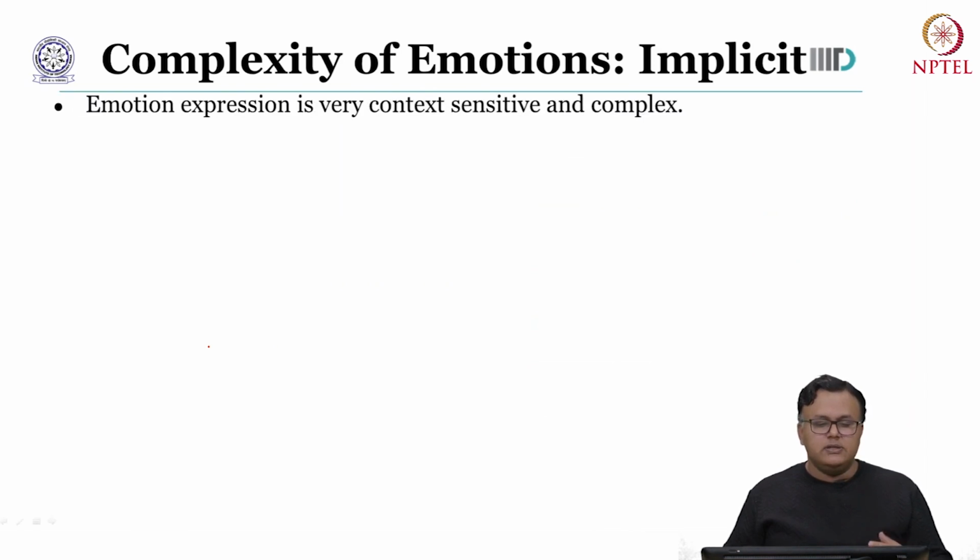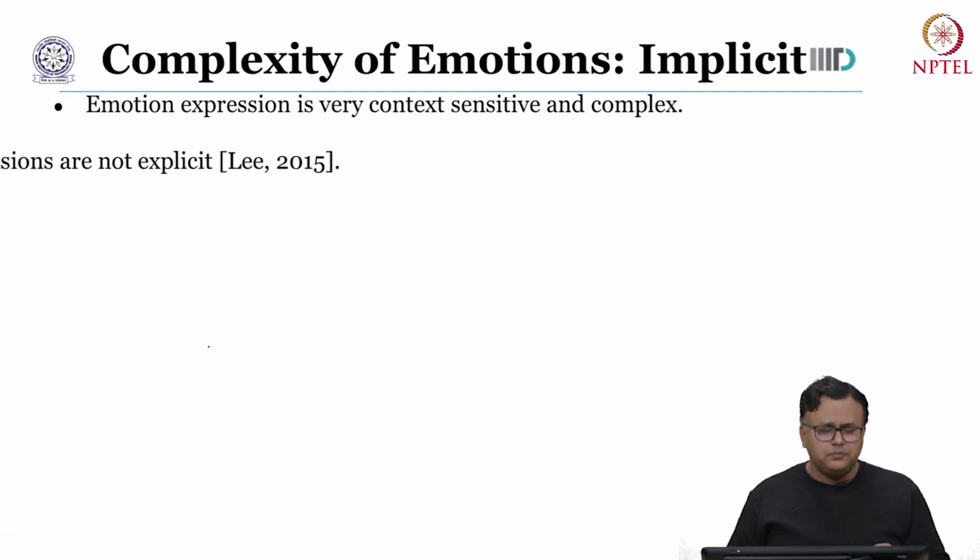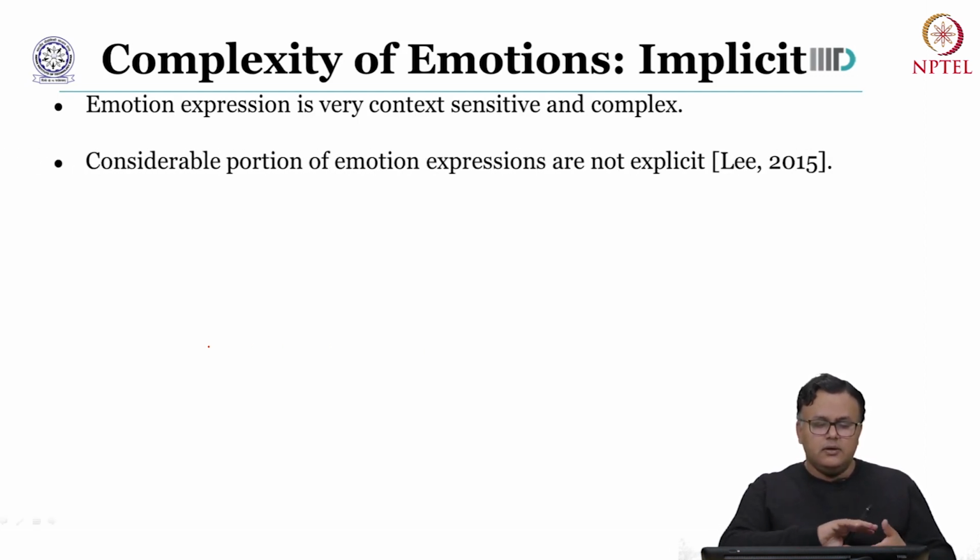Now emotions, they can be implicit, right? Emotion expression is very context sensitive and complex. We have seen it in these three examples. It is noted that a considerable portion of emotion expressions are not explicit.